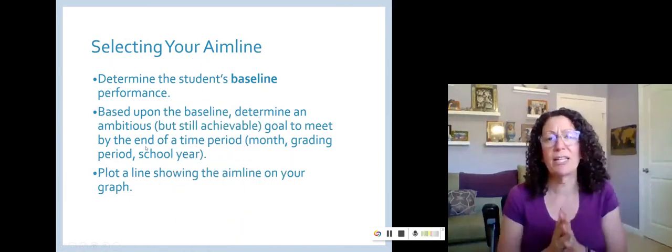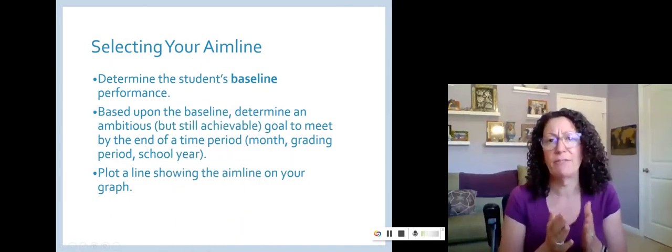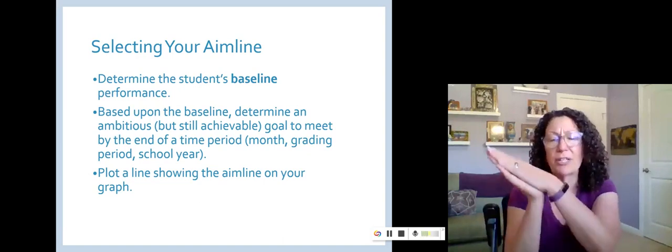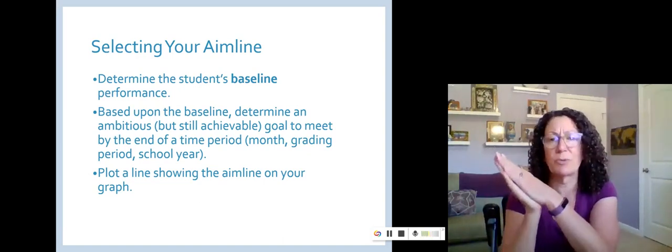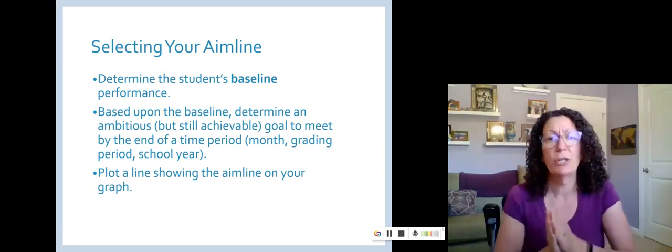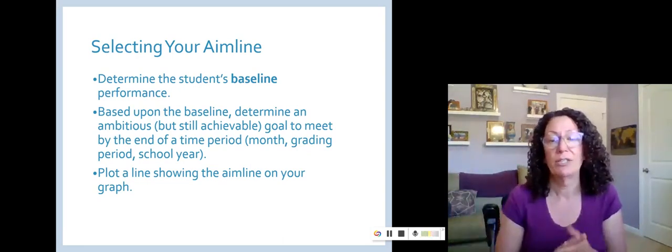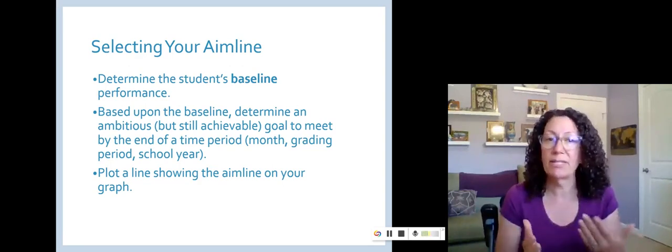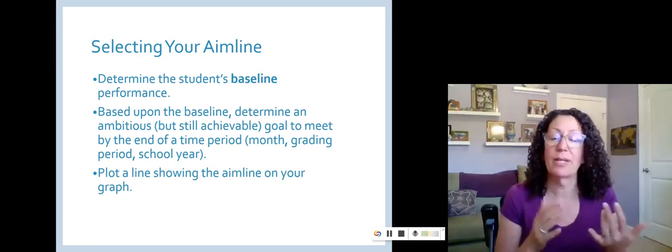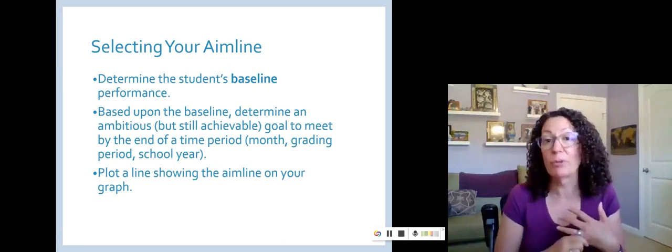But the aim line is that line that we're showing in the graph, so that we can tell whether we're on target. Are we heading in the direction of where we need the child's performance to be at the end of the term? Or are we going so slowly that we're never going to get to our end point, to our goal? So we want to, based on our baseline, determine an ambitious but still achievable goal.